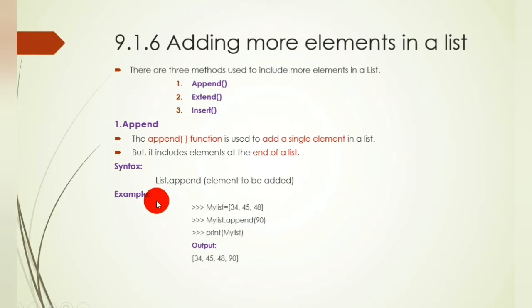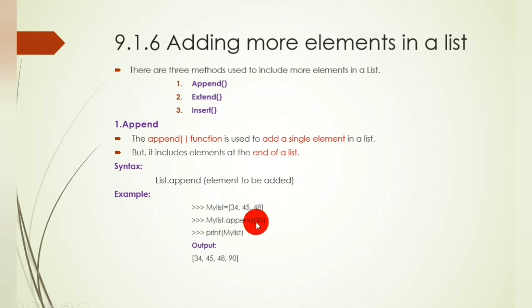Now you can see the example. mylist equal to 34, 45, 48. Here mylist is the list name, and the list elements are 34, 45, 48. Comma is used as a separator. Now we can add one element to this existing list by using the append function. So mylist dot append of 90.